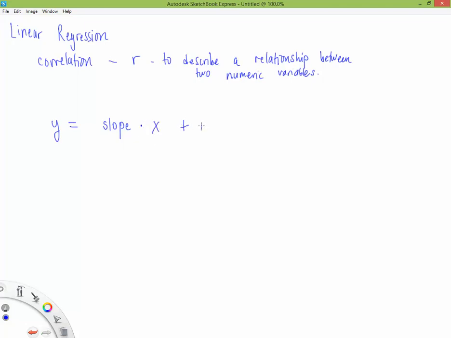Sometimes it might have been written y equals mx plus b. This might be familiar. You have a slope times the x plus an intercept.